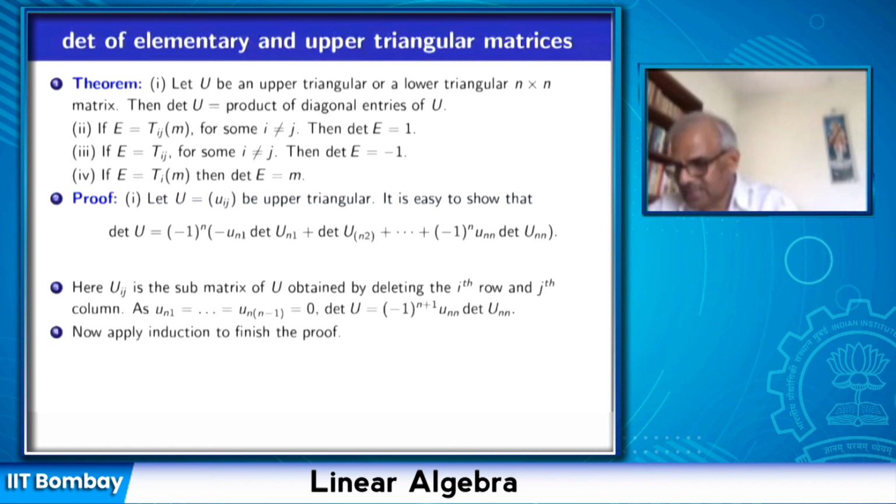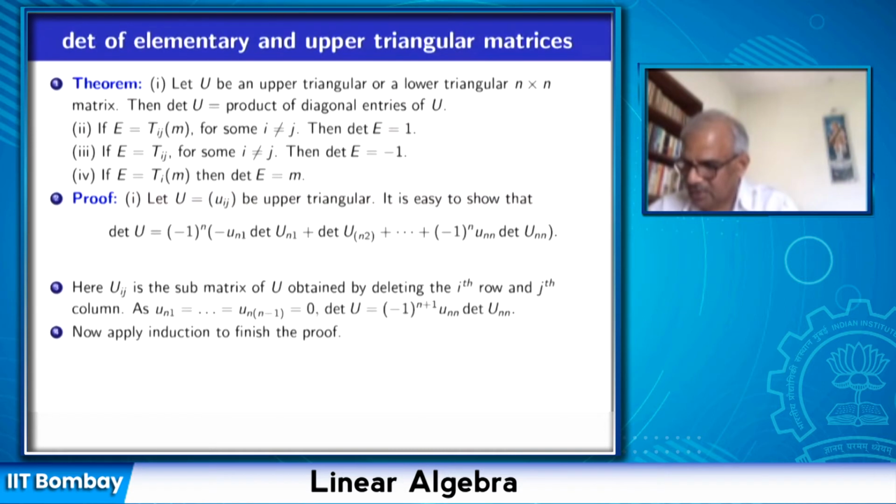Or we can apply the same principle to lower triangular matrices. Then we will expand by the first row. We want to prove the same result for lower triangular matrices, that the determinant of a lower triangular matrix is the product of diagonal entries. You expand by the first row and use induction, and you will come out with the same fact.